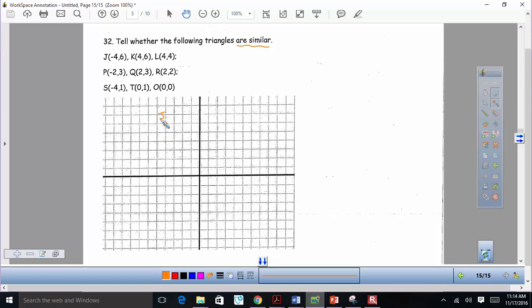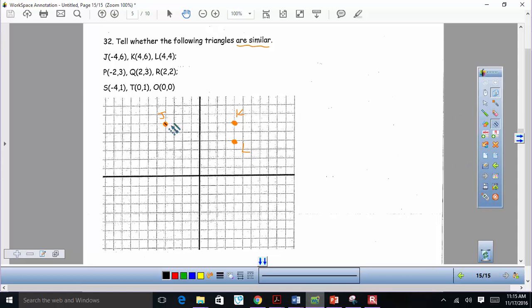And that would be J. Then we'd go 4, 6. That's K. And then we go 4, 4. Okay, then you would connect all of those.